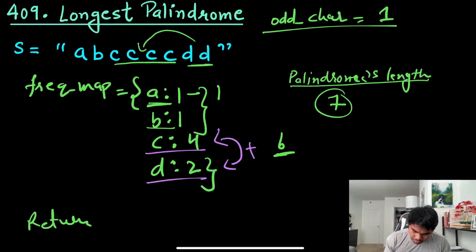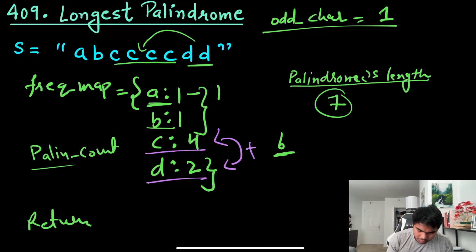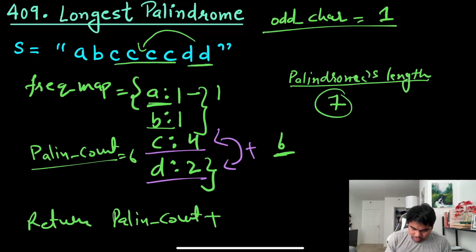I'll just call it palin count, which is 6 now. Then I will return palin count plus odd char. That will be my answer.